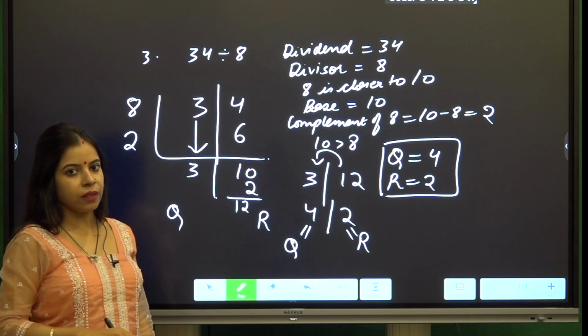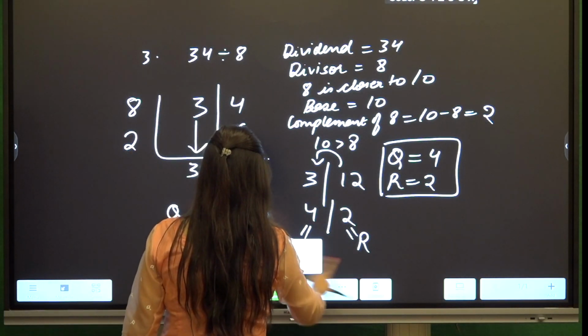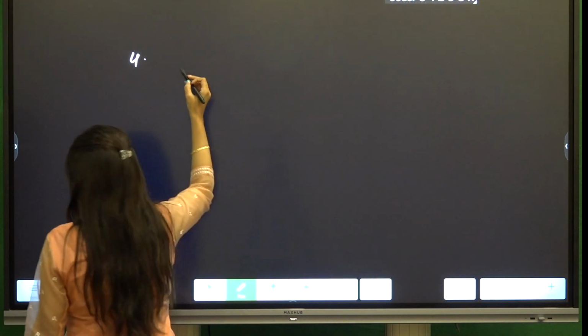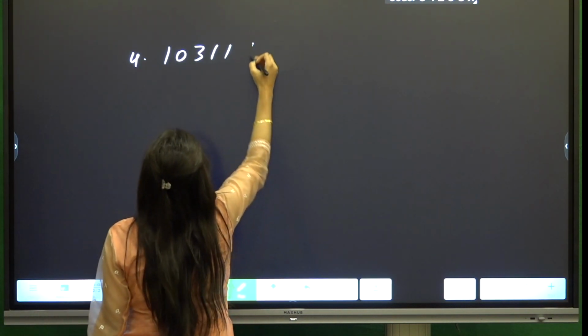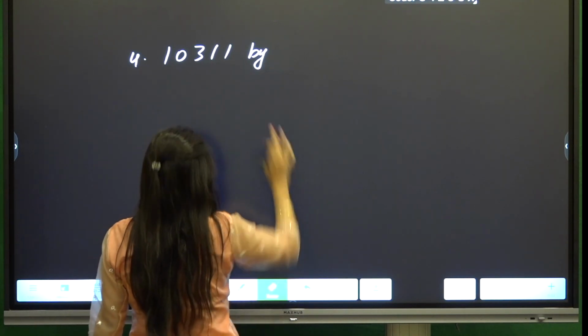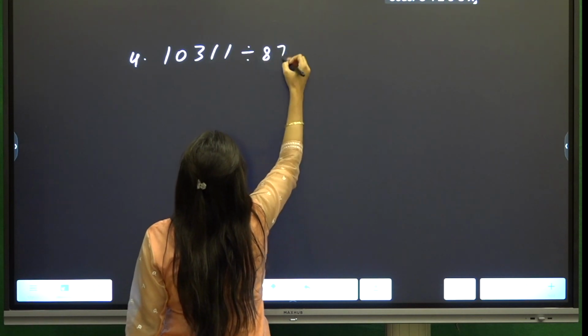Okay. Let us take another example. Say 10311 divided by, basically I can write 87.